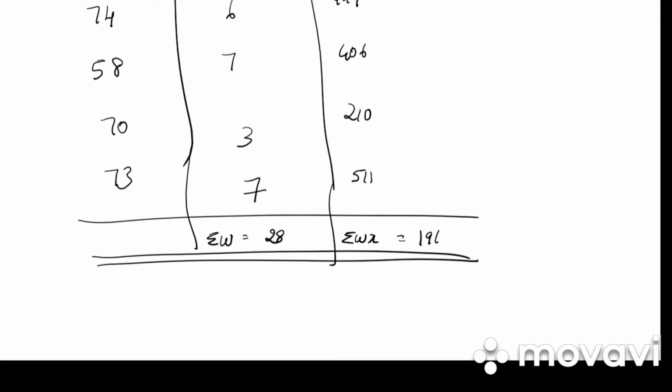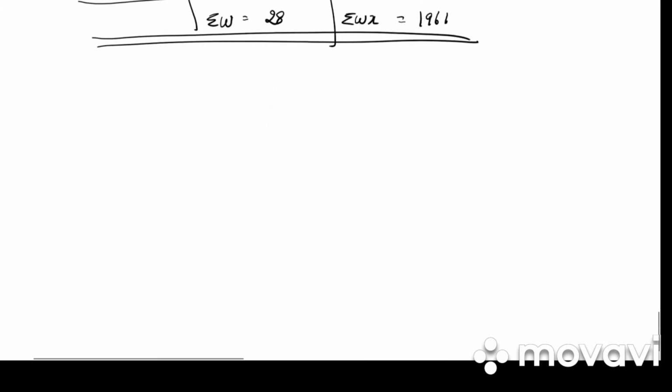It is 1961. Next we need to find out the mean. It is summation wx divided by summation w. 1961 divided by 28. How much do we get? 70.04. Clear? This is a normal direct method, but instead of f into x, we have done w into x.